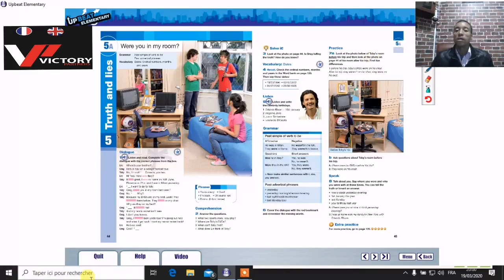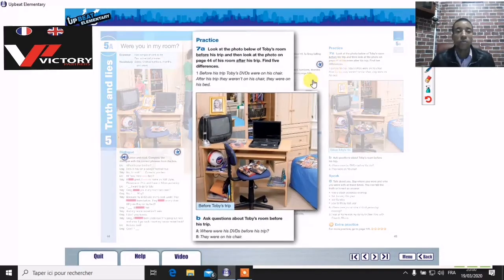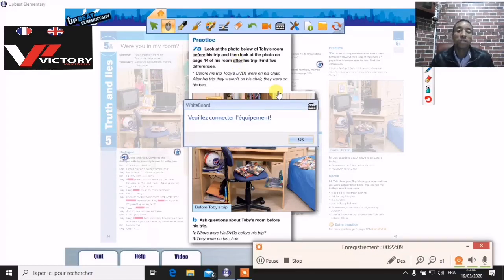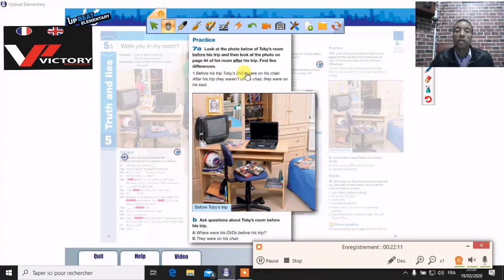Right. So that's the lesson about the verb to be. Now for the practice, I want every one of you to do this task and interact with me on WhatsApp, of course, to give the answers for activity 7 and activity 8.